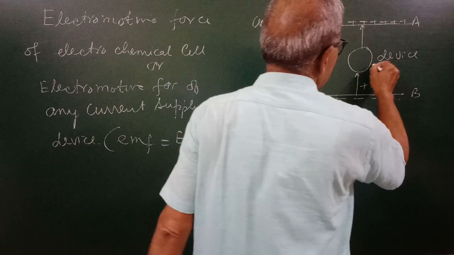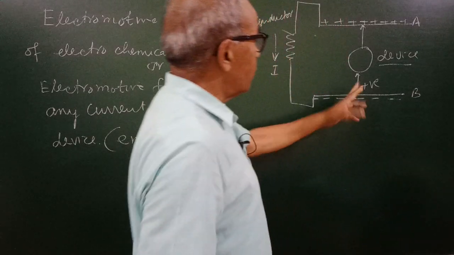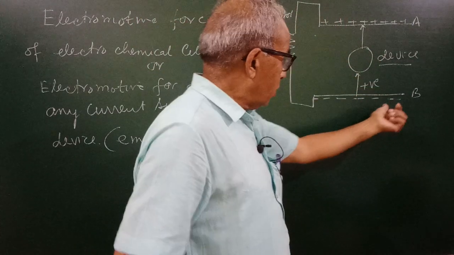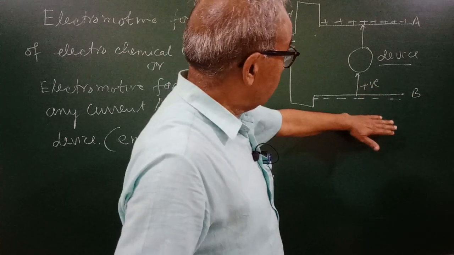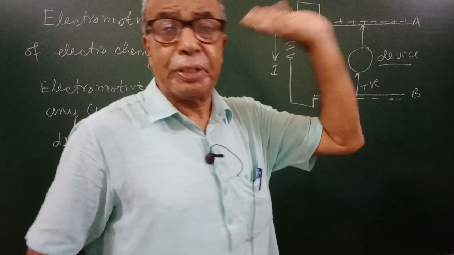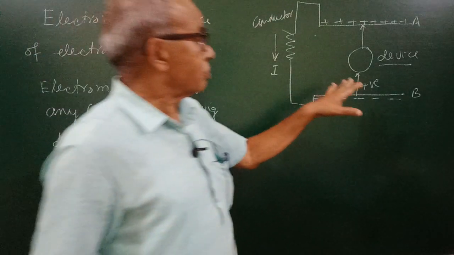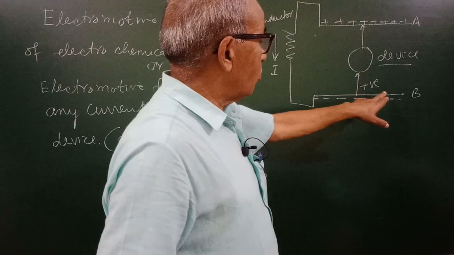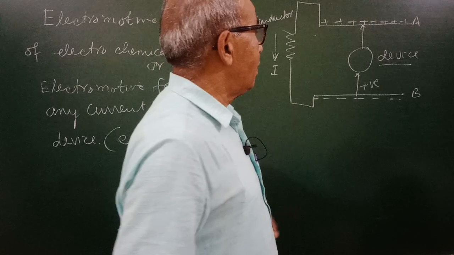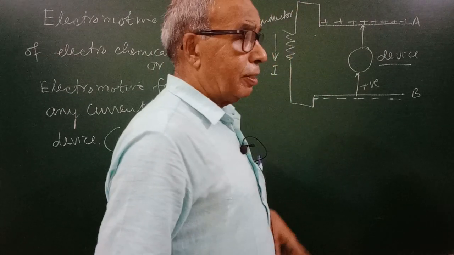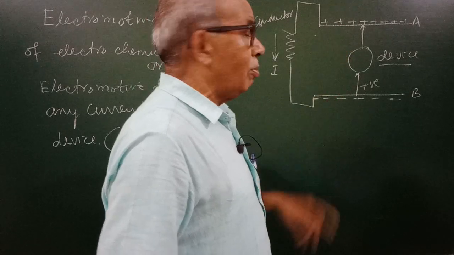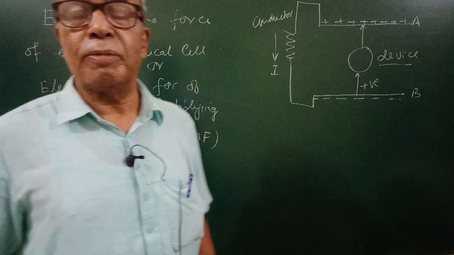This device takes positive charge from the negative plate B. We do not bother here from where the charge comes, but it should come. It takes positive charge from B and gives it to A at the same rate as it is coming from A to B through the conductor. Then the potential difference will be maintained and a continuous supply of current will be there.